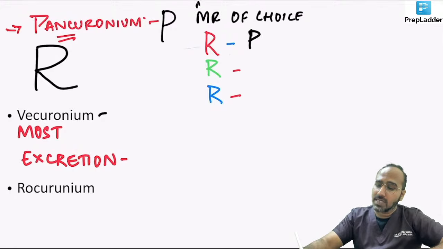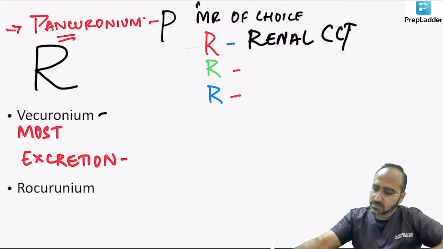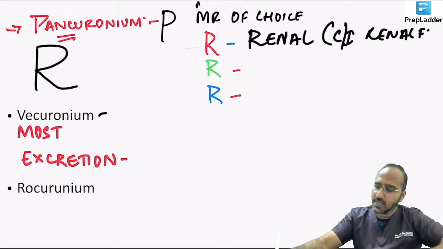Remember, R means what guys? Renal. Pancuronium is having maximum renal excretion. Hence, it is contraindicated in renal failure. Next, recovery.